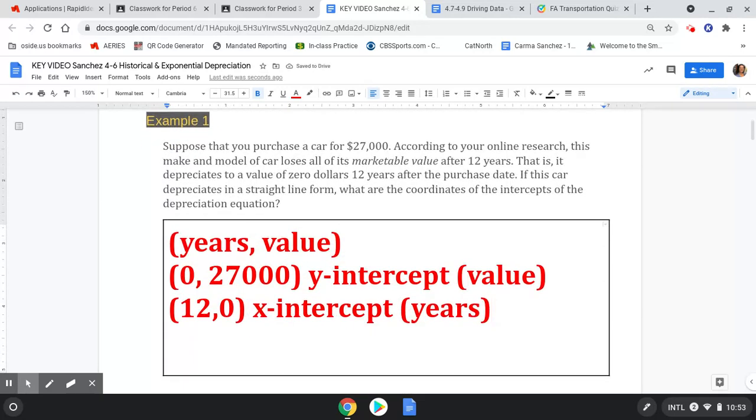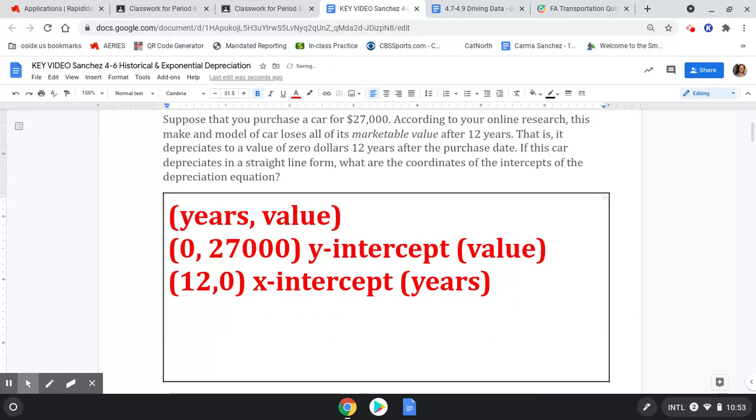Now the problem just asks for the intercepts, but in class I did go through with everybody and say, well, what would be the slope of this? How much is it going down per year? So I reminded everybody of the equation m equals y2 minus y1 divided by x2 minus x1.